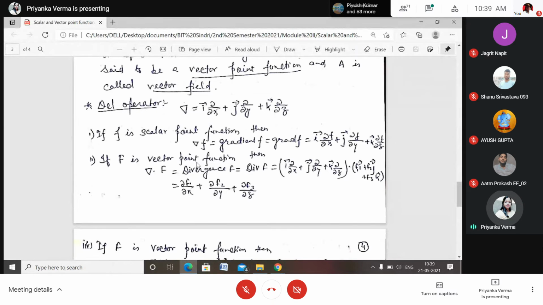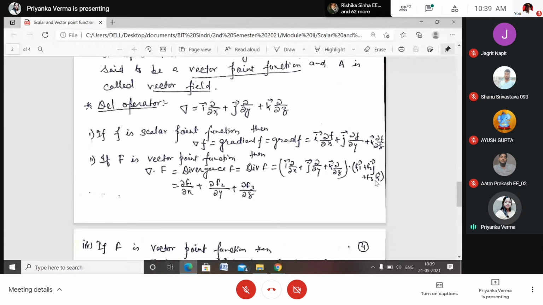So when you operate this del with a vector function, there will be two cases. If f is a vector point function, then we will take del dot f. That means the dot product of this operator with f is known as divergence of f. It is also represented as div f. And how do you operate it? This is del: i del by del x plus j del by del y plus k del by del z dot f. Suppose f is a vector function, so I am writing it f1 i plus f2 j plus f3 k.